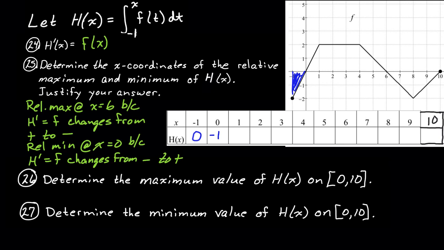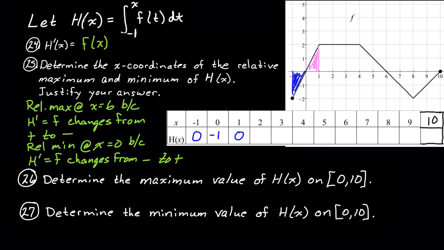Well, the integral from negative 1 to positive 1 would be those two areas combined. Well, this is a negative 1, this is a positive 1, which means those two areas cancel out, giving you an area of 0.